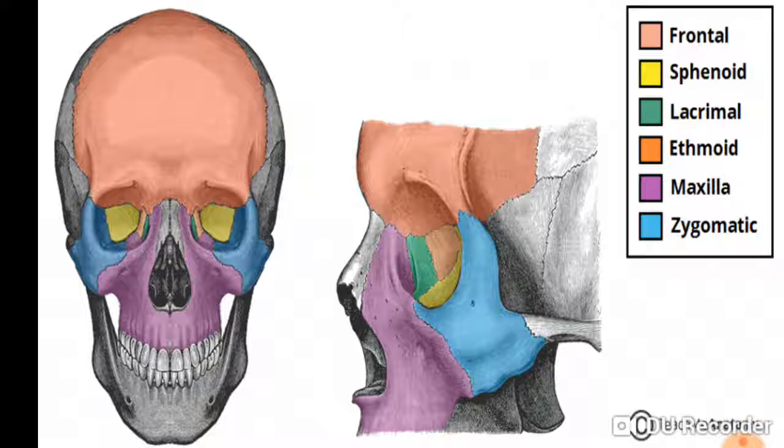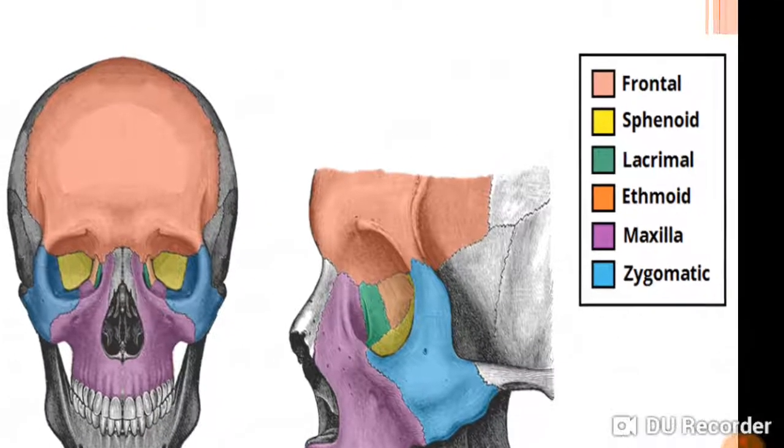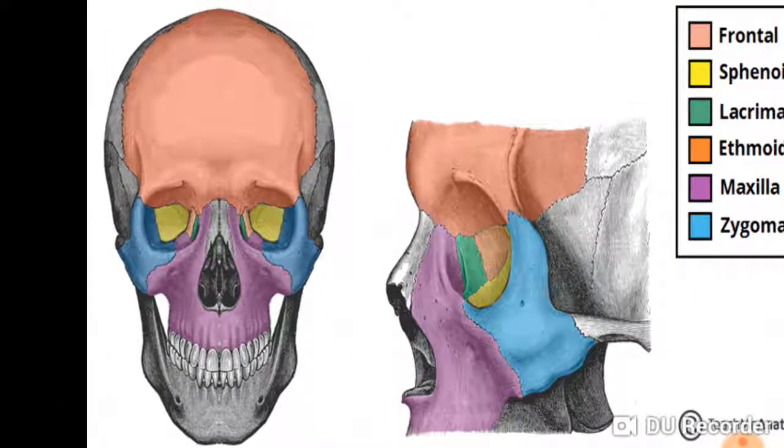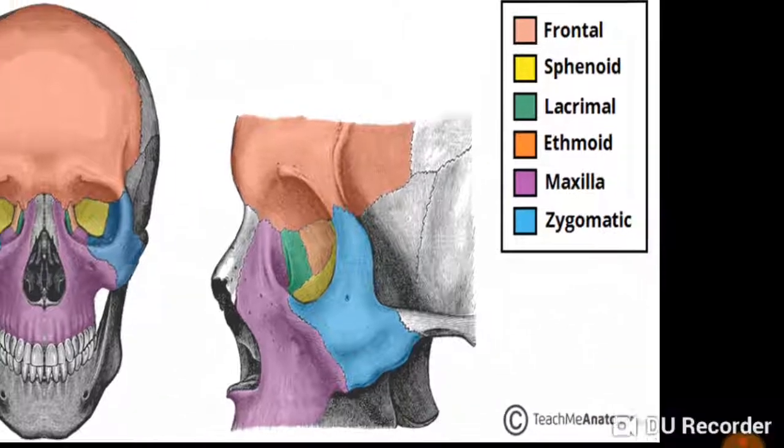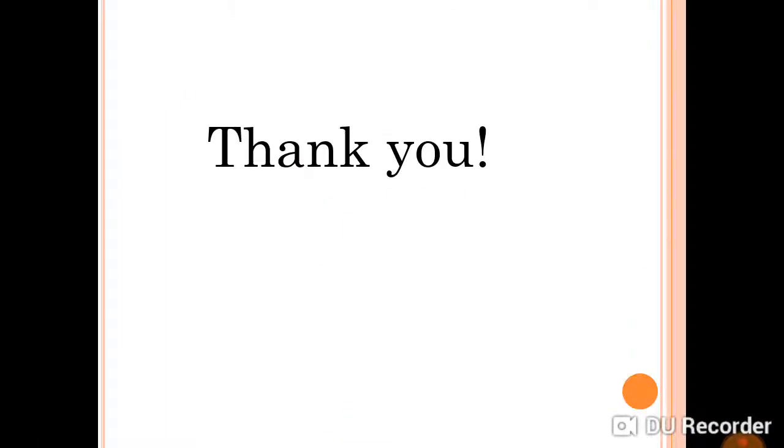Then the roof is formed by the frontal bone, the lateral side by the zygomatic bone, the floor by the maxillary bone, and the medial side is your MLE. In the front you have the maxillary bone, then the lacrimal bone, and then the ethmoid bone. So that is all for the bony orbit.